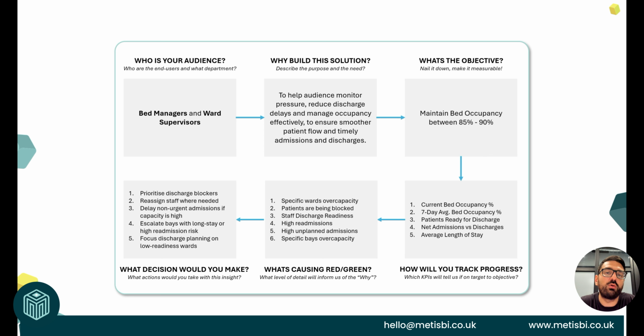We should be promoting solutions that are genuinely actionable as well. So you can see, for example, prioritize discharge blockers, reassign staff where needed, delay non-urgent admissions if capacity is high. These are all genuine actions that bed managers and ward supervisors tell us they can take on the back of having all this information made available to them.